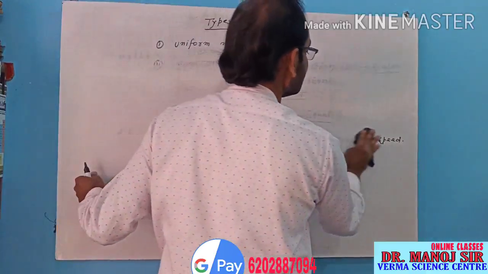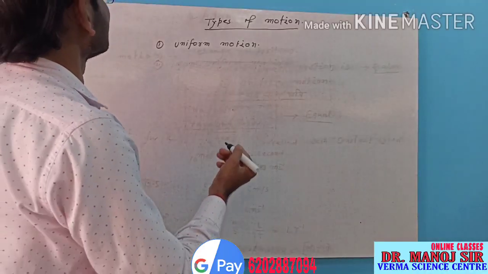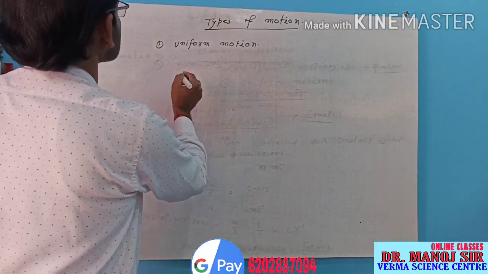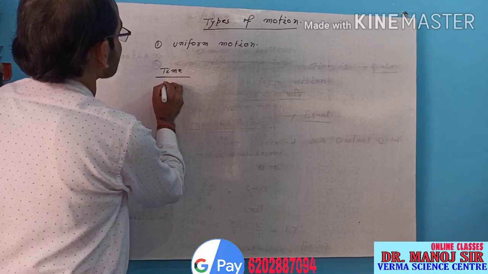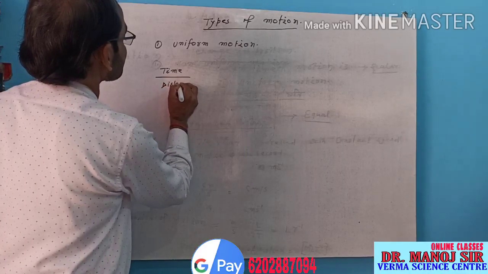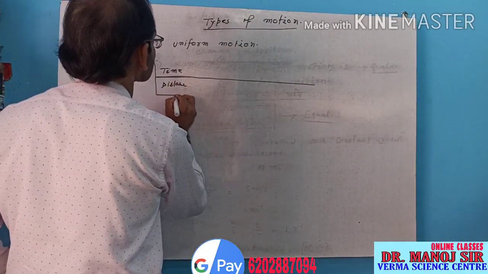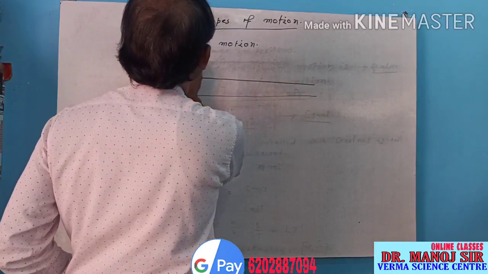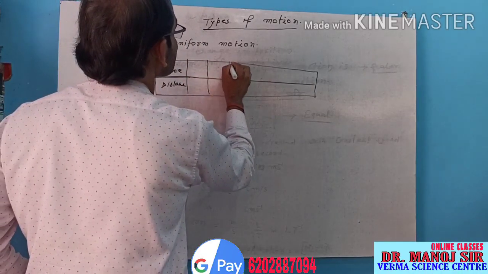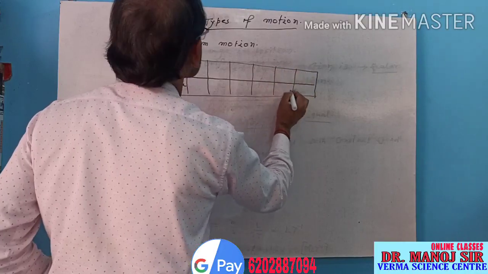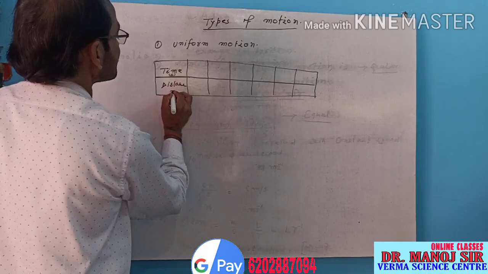Now we define it by a graph. Suppose a distance and time table is as follows: time, distance. Time is mentioned in seconds and distance is mentioned in meters.